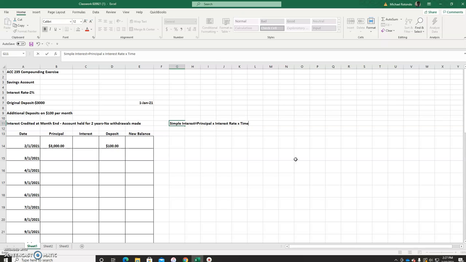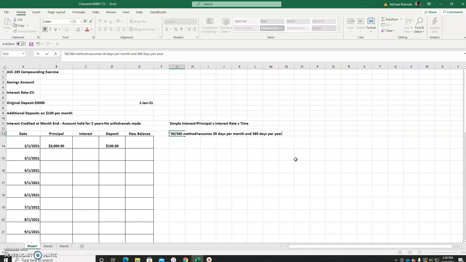And remember, we're using that 30/360 method to make the calculations a little bit easier, right? So remember, that 30/360 method assumes 30 days per month and 360 days per year.